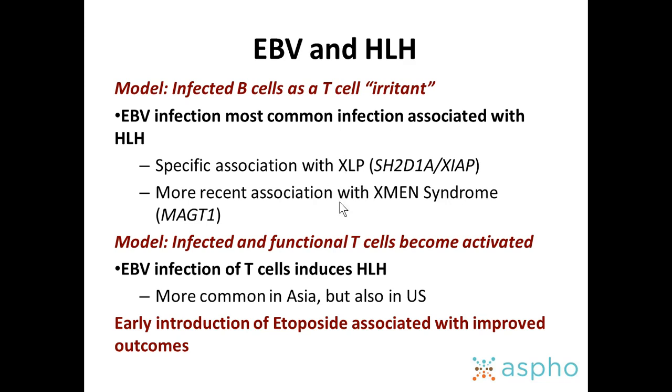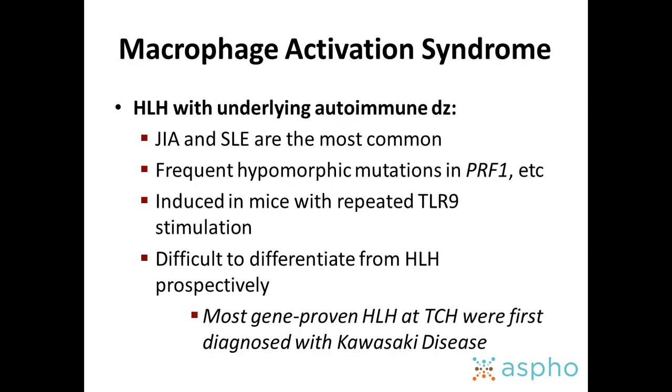Kids with XLP, X-linked lymphoproliferative syndrome, for example, very often have EBV as a trigger. And again, EBV in T cells is usually more common in Asia, but it can happen in the U.S. And even though primary EBV infection-associated HLH is considered secondary, there's data to show that early etoposide is associated with improved outcomes. So even here's a case that's secondary HLH, but early therapy is still helpful.